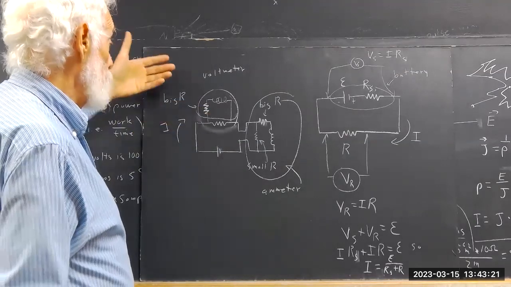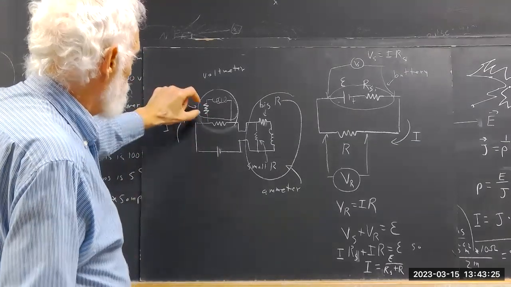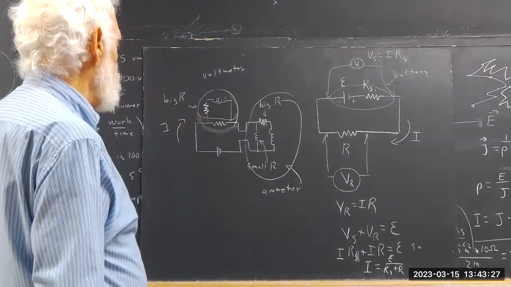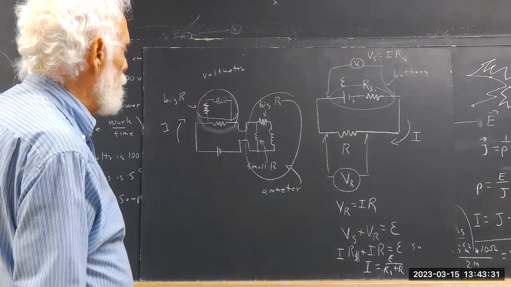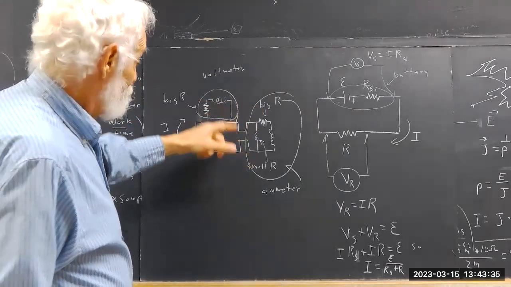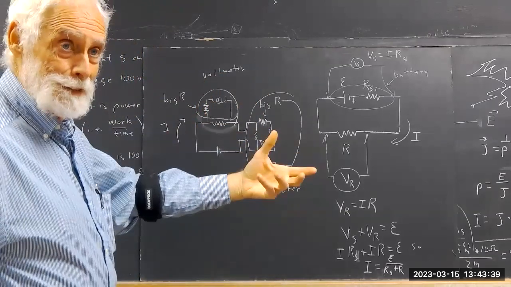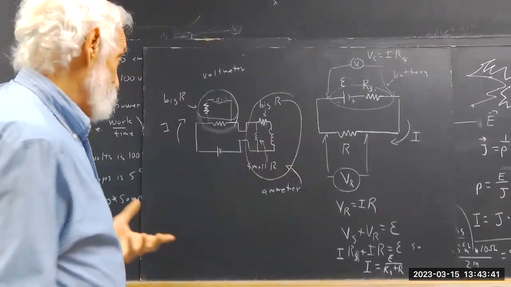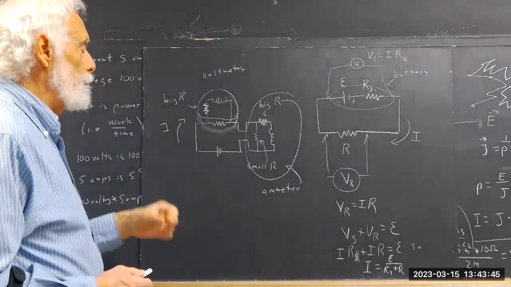In other words, you get very little current if you hook this up in series, because you're putting a big resistance in. If I had a big resistance here and a big resistance here, it would kill the circuit because the current would have to go through the big resistance.